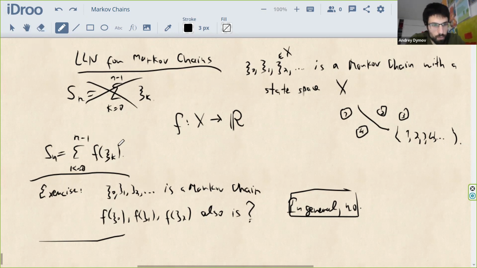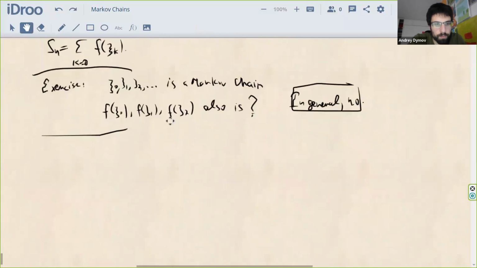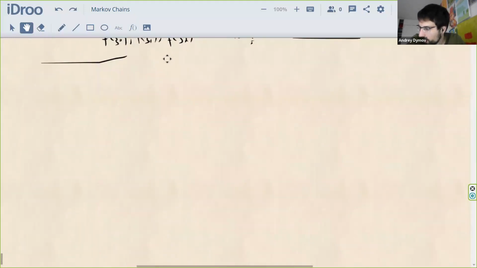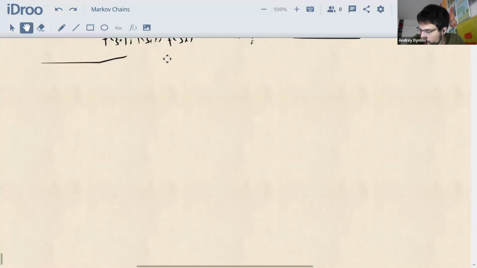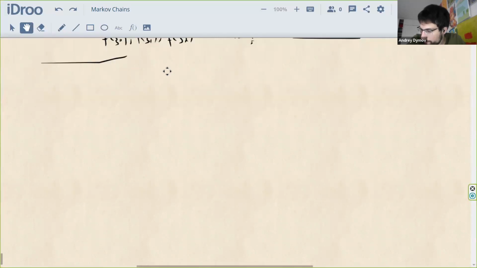This was an explanation why I introduced this function f. Okay, this was some motivation for this. Well, let us go further. Let me give some example.